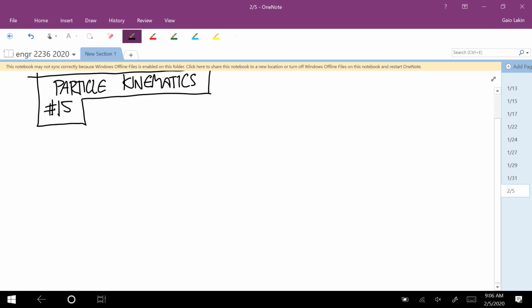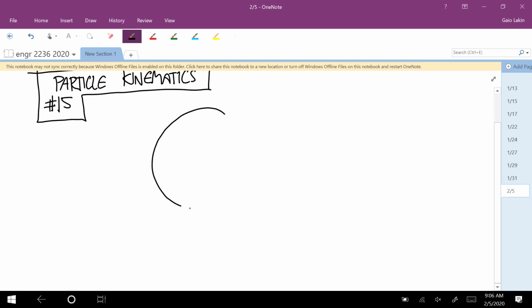And this one, there's a Ferris wheel. We're using a coordinate system like this. The radius is 5 meters.